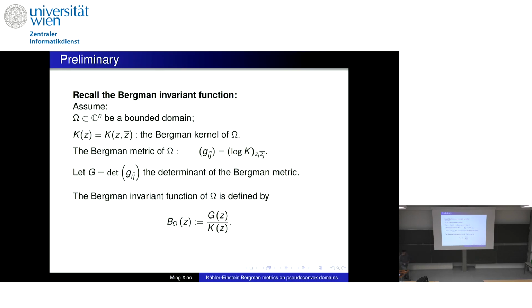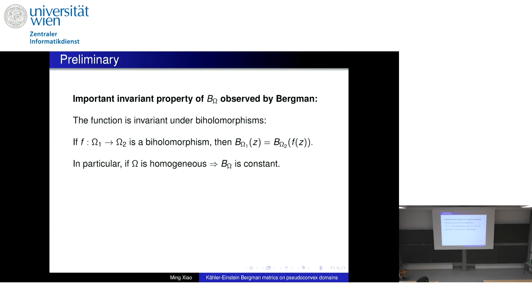What is nice about this Bergman invariant function is the following invariant property observed by Bergman. This Bergman invariant function is called an invariant function because it is invariant under biholomorphisms. That is, if F is a biholomorphism between two domains, omega 1 and omega 2, then the Bergman invariant functions are equal at the point Z and the image point F(Z).